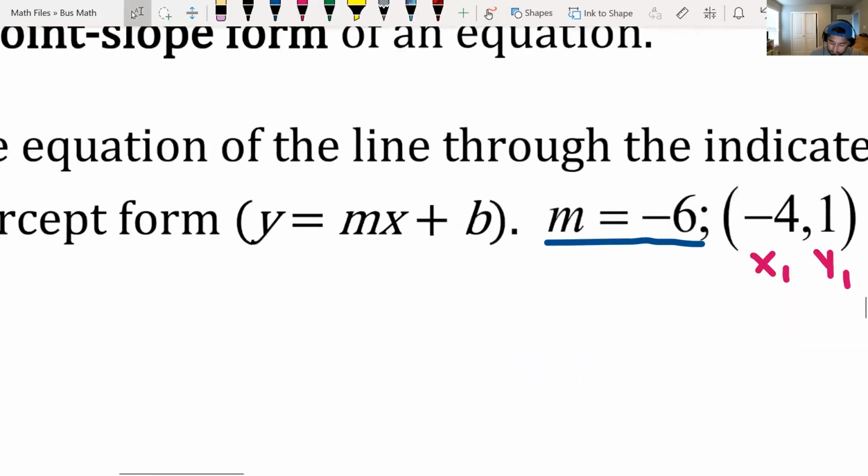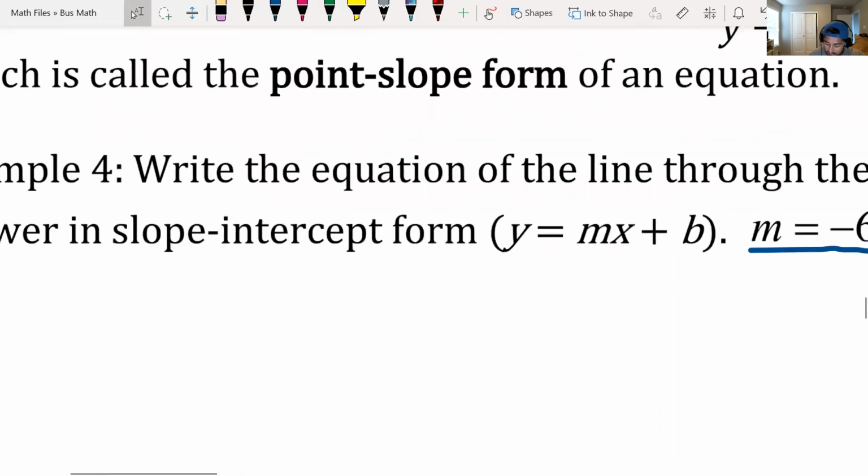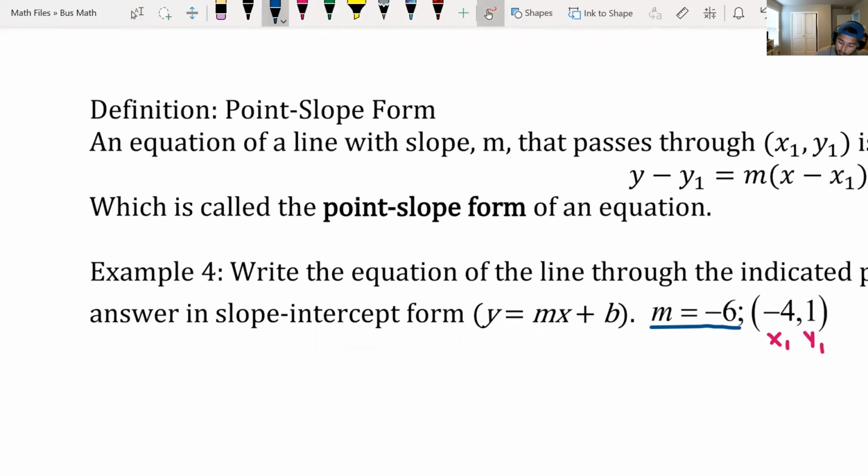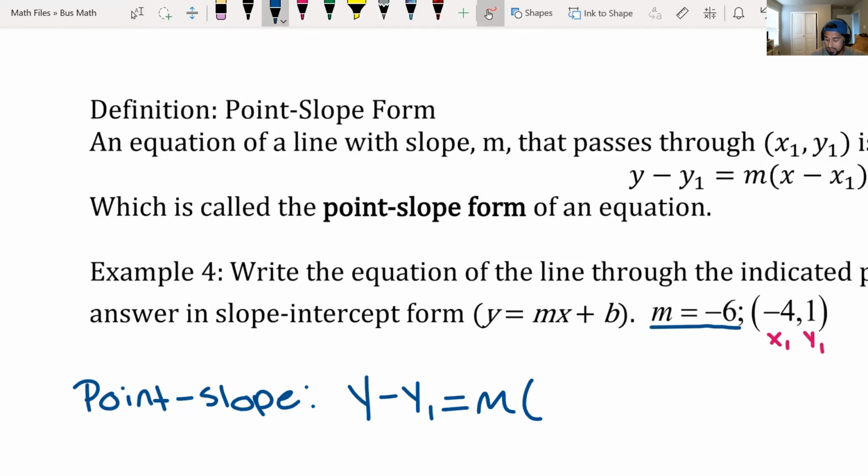So I'll come over here, maybe I can make it a little smaller, there you go. And we will use the point slope formula. y minus y1 equal to m times x minus x1. Just like the above. Again, I write it so it burns into your brain.